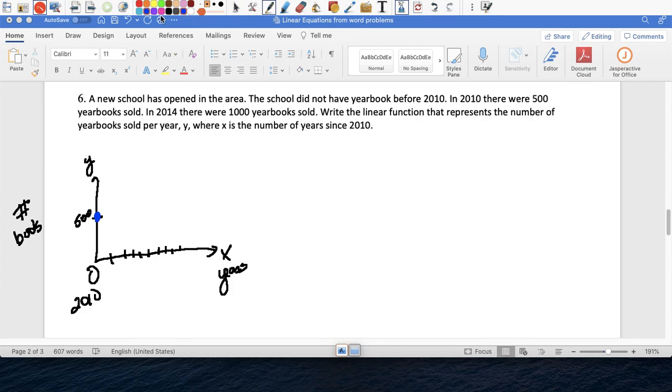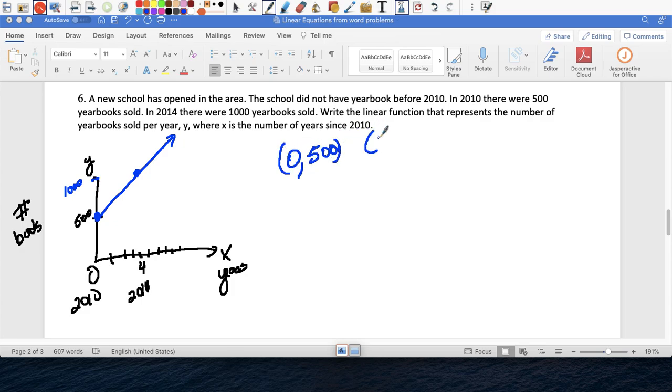And then in 2014, 4 years later, the library had 1,000 books. Write 1,000. So write this equation. How is it growing every year, right? How many books are being added every year? Okay, so we have 2 points, 0, 500.